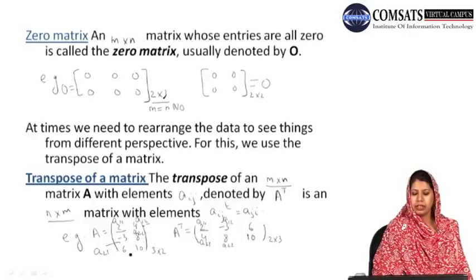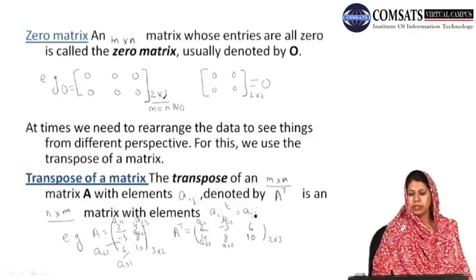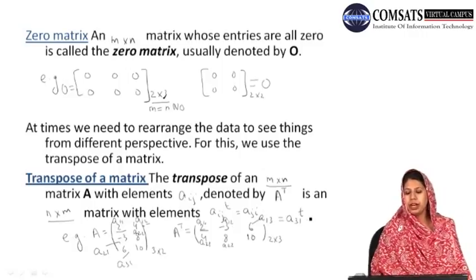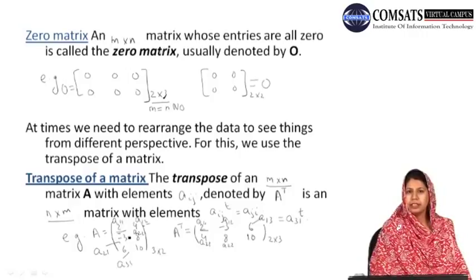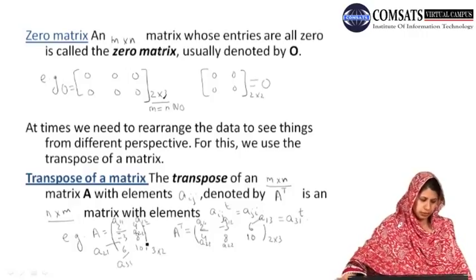The entry A31, that is the entry at third row and first column, will be written at first row, third column. That is, we are interchanging the order of rows with the order of columns, and the matrix we obtain will have the order n by m, and the diagonal entries will stay at their position.